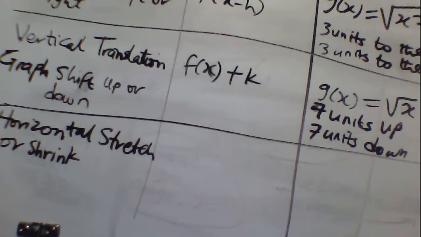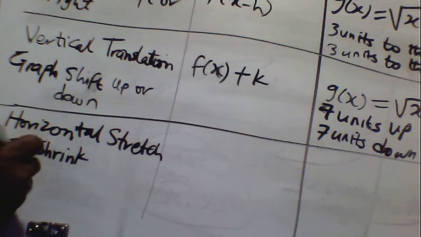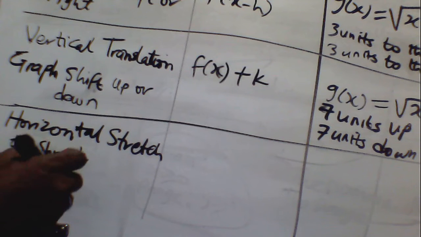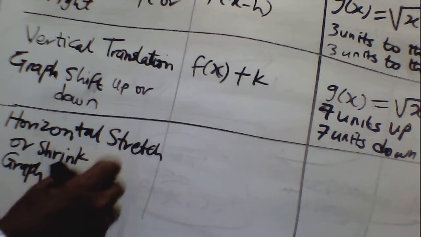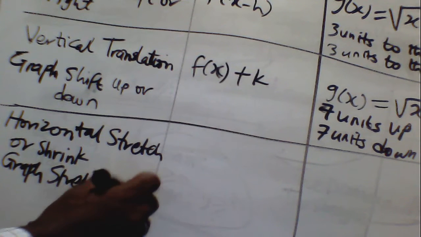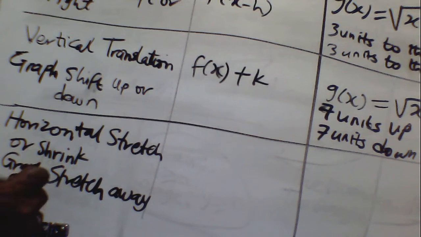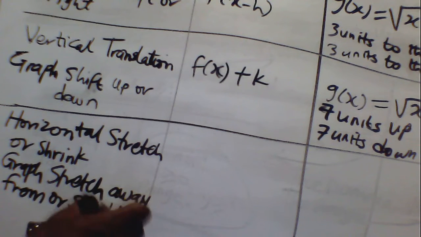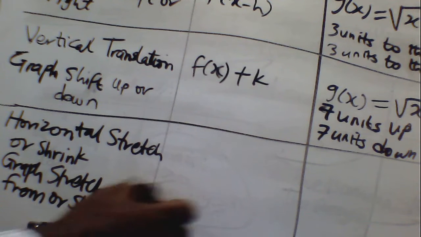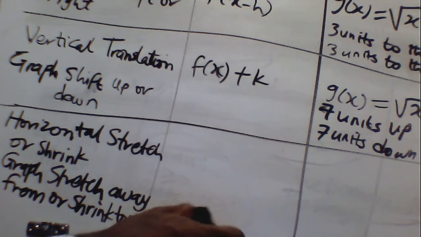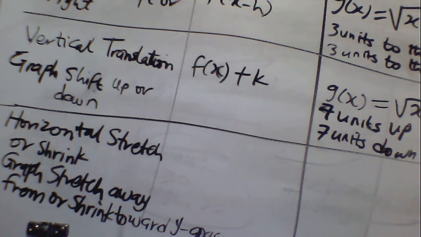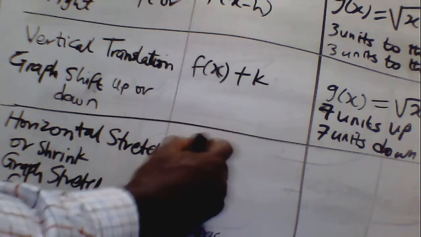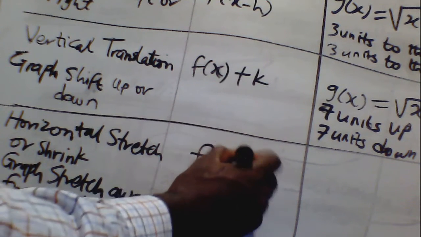Then the next is horizontal stretch or shrink: the graph stretches away from or shrinks towards the y-axis. It is f of ax.